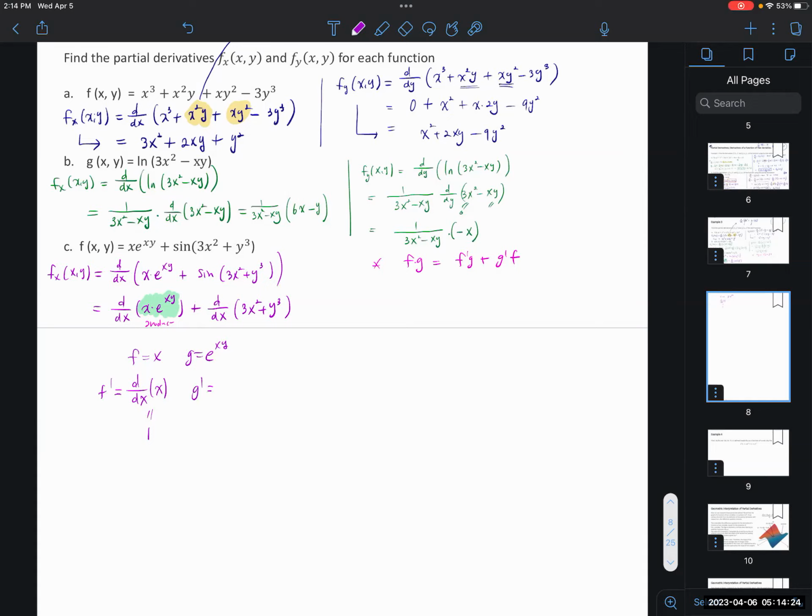And then g prime, we are taking d over dx, only the x variable, so y is still considered a constant. So f prime g plus g prime f. In this case, e to the x, if you take the differentiation, it's the same as e to the x, isn't it? And then y is still a constant. I can keep it as y because that's a constant. So this is the g prime.